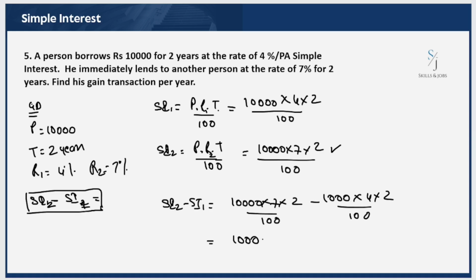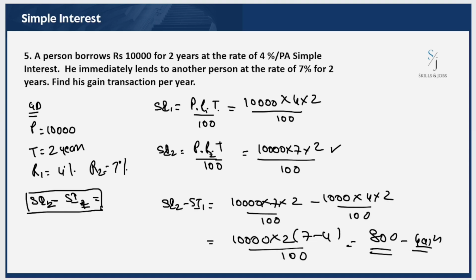So if we solve this, we are going to get the answer. So the answer is going to be 800. So what is this? This is the amount that the person has earned out of this transaction. So that is the gain. And this is the final answer.